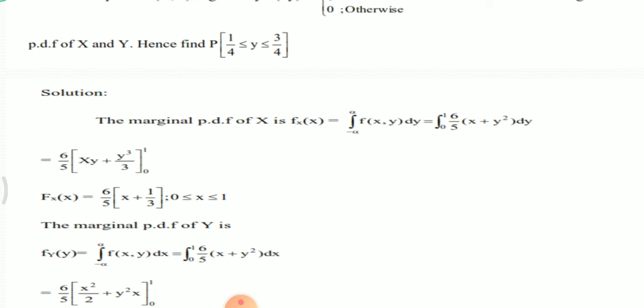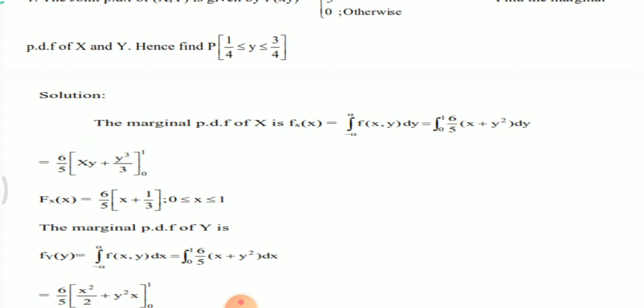The marginal PDF for the x variable is the formula f_X(x), meaning the marginal PDF of capital X or small x, whatever. The formula is the integral from minus infinity of f(x,y) dy. If you want the marginal PDF of x, integrate with respect to y; if you want the PDF of y, integrate with respect to x.